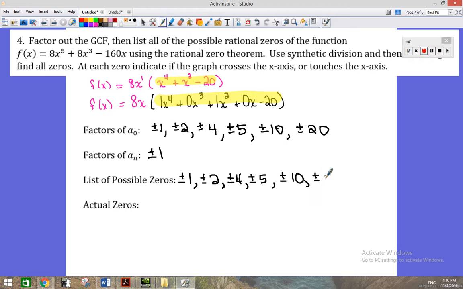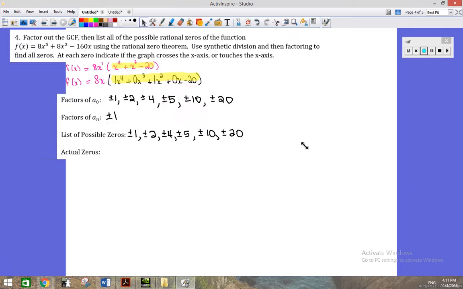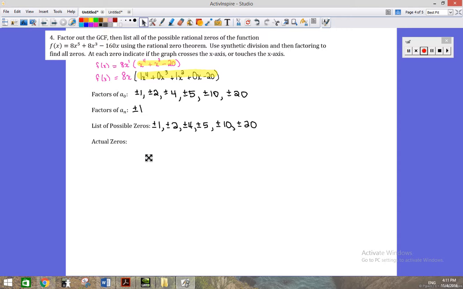We saw in a previous problem that we could only factor it so far, and the other x-intercepts were irrational numbers. The rational zero theorem had its limits. It couldn't actually help us find all of the zeros of that function. We went as far as we could.